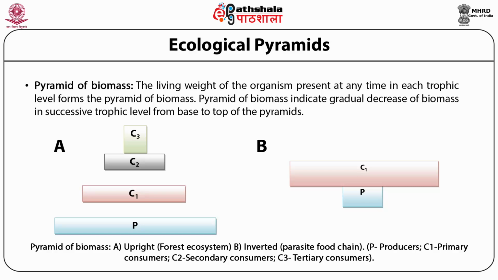Thus, despite the high productivity of producers, they have low biomass as compared to herbivores. It results in an inverted pyramid having a low standing crop biomass of producers than herbivores. Similarly, in the case of parasites, like the pyramid of number, the pyramid of biomass is inverted.